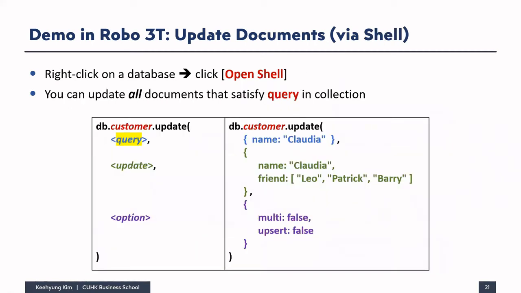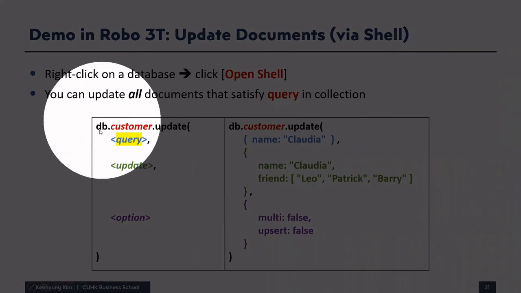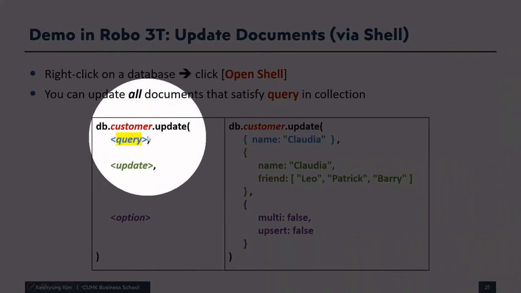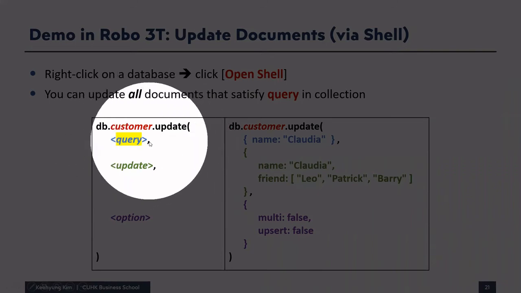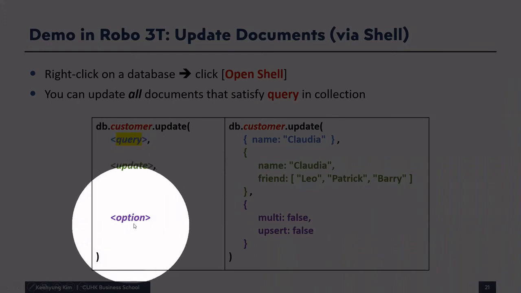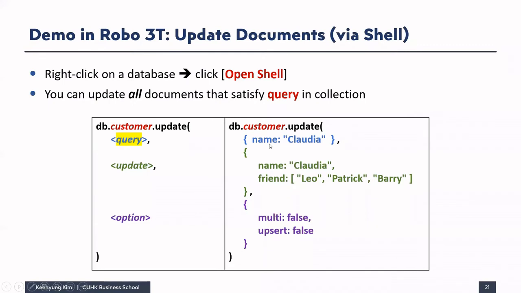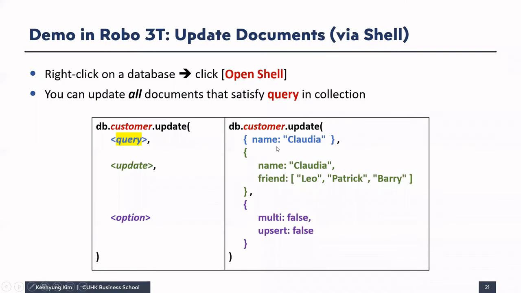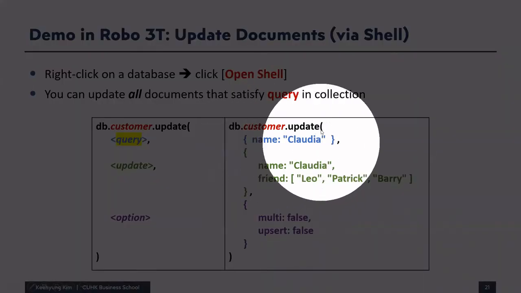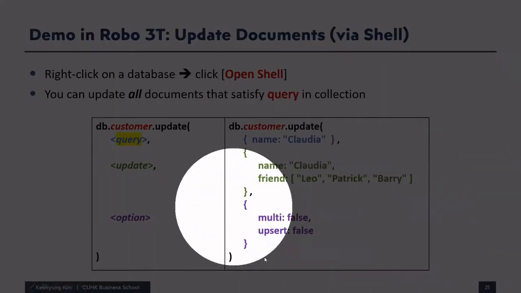Basically, this is what you can do in a shell. If you want to design your code by yourself, you can use db dot collection name customer dot update function, and inside here you can specify the query, update, and option parts. For example, in the customer collection, if I want to find the document with the name Claudia and add this friend information, I can design this query.